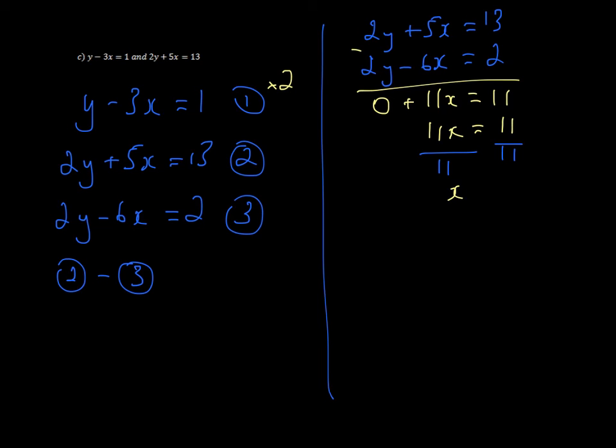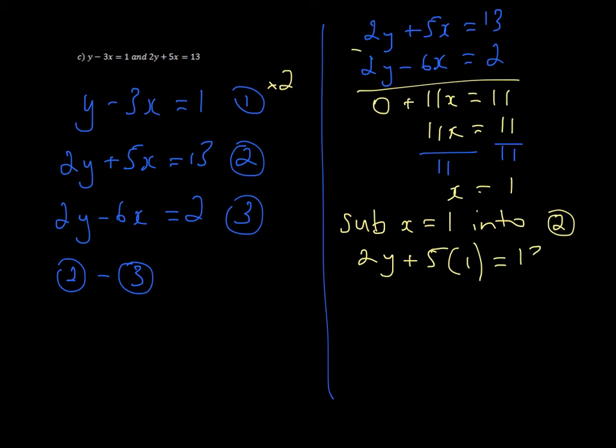X equals 1. Now sub x equals 1 into, let's go equation 2 this time. So 2y plus x is 1 equals 13. Then we get 2y plus 5 equals 13.